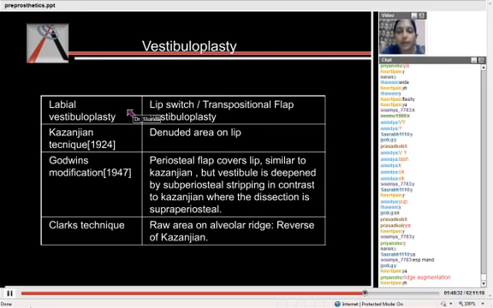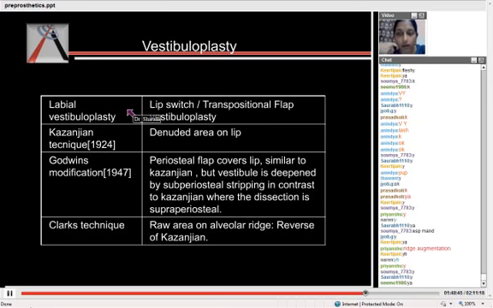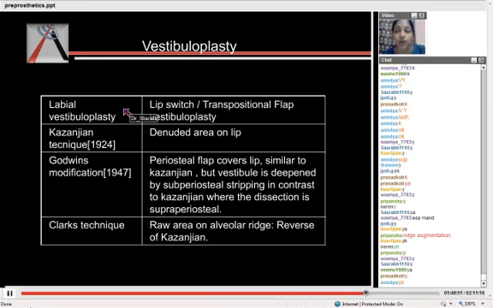Or you do something about the soft tissue. The vestibular area, try to pull it a little down. That will automatically increase the bone height. Can you imagine that? Are you getting it? The vestibular area, try to make it a little lower, the sulcus, so that automatically the bone height is increased.